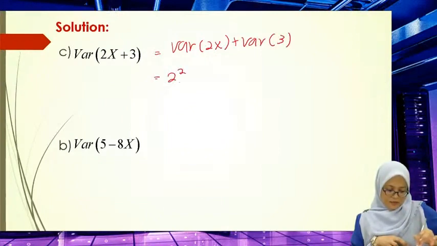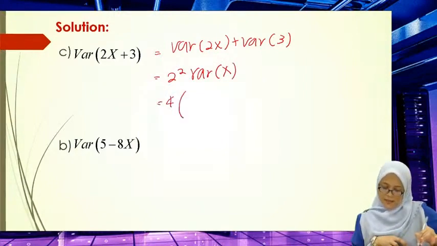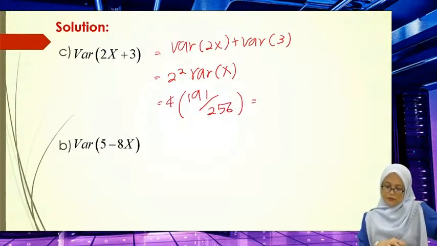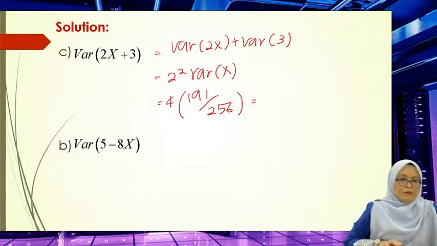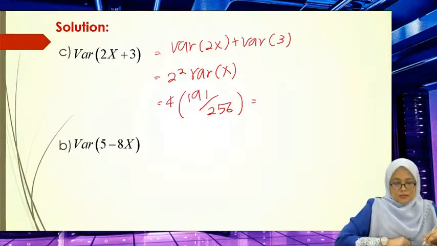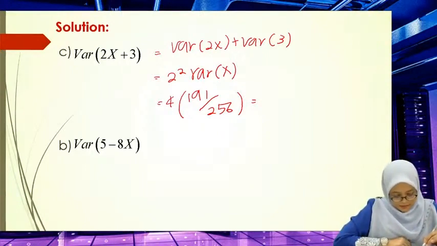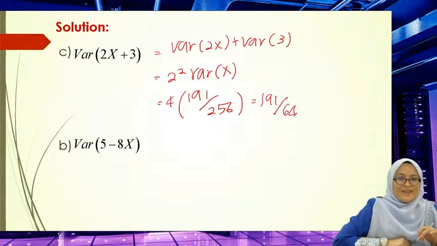So ini 2 square multiply variance x. Variance 3 is 0. So dapat 4 times variance x is 191 over 256. Okay, so kita dah tak cukup masa, so saya calculate sendiri saya lah. So 191 over 64. So nanti awak tengok balik lah betul kot.